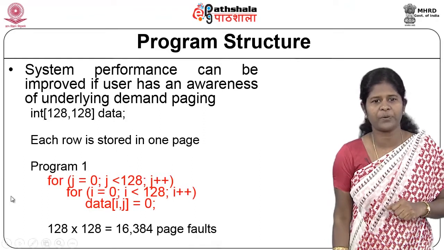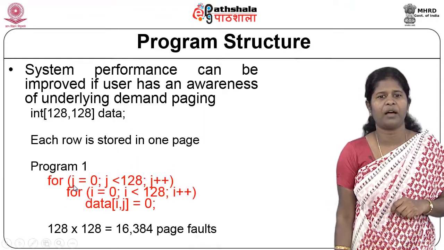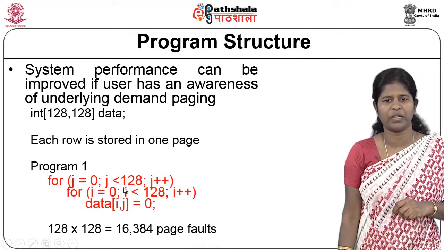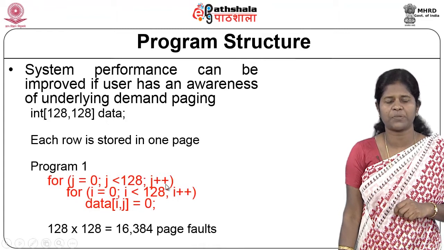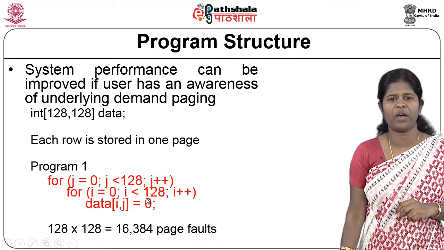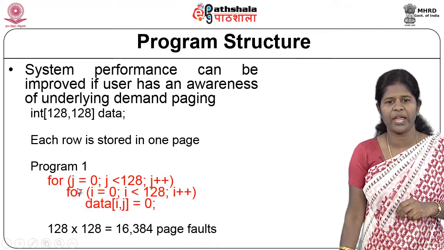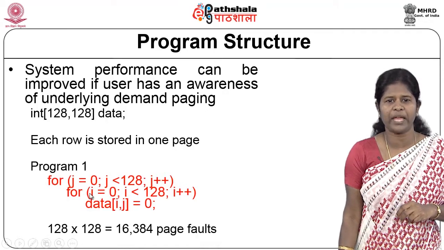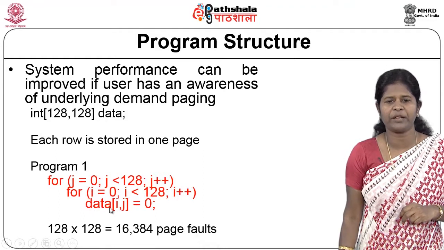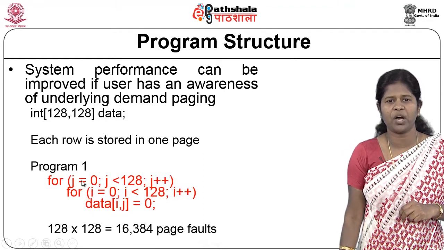Now, if you write a program like this, where say for j equal to 0, j less than 128, j plus plus, for i equal to 0, i less than 128, i plus plus, the outer loop has the j index and the inner loop has the i index. So the first element referred to here will be data of 0 comma 0.